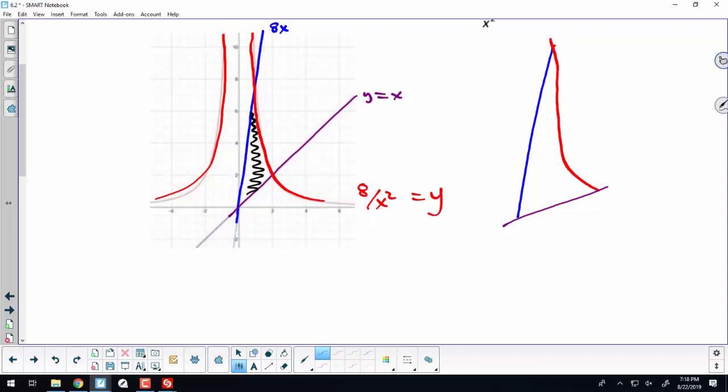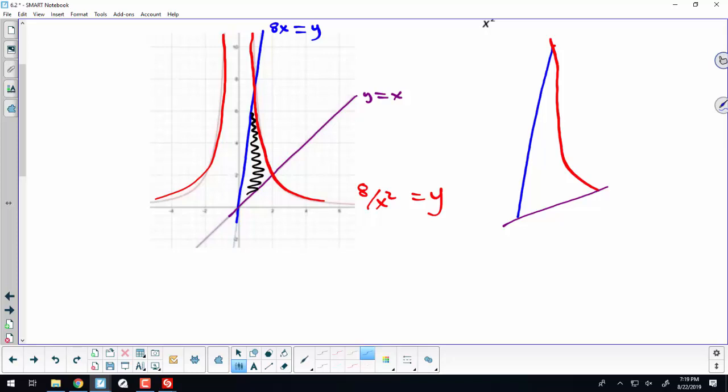Because when we look at y equals 8x, y equals x, and y equals 8 over x squared, if I have to integrate with respect to x, then I've got an 8x and an x and an 8 over x squared involved. No issues there. And if I had to integrate for y, those three equations are easily solved for x. Like I could say x equals whatever pretty easily. So in all honesty, it doesn't matter if we integrate with respect to x or y.